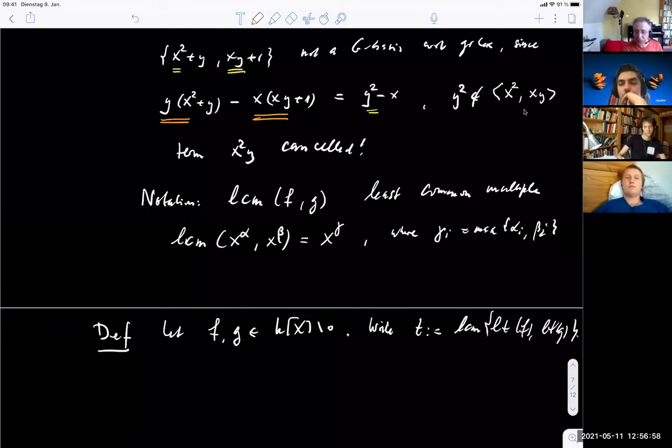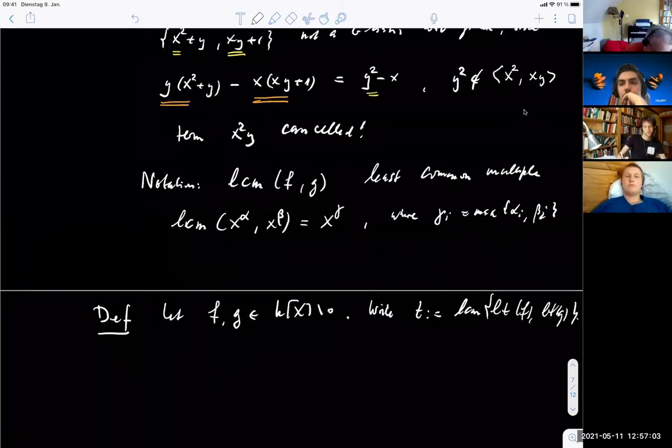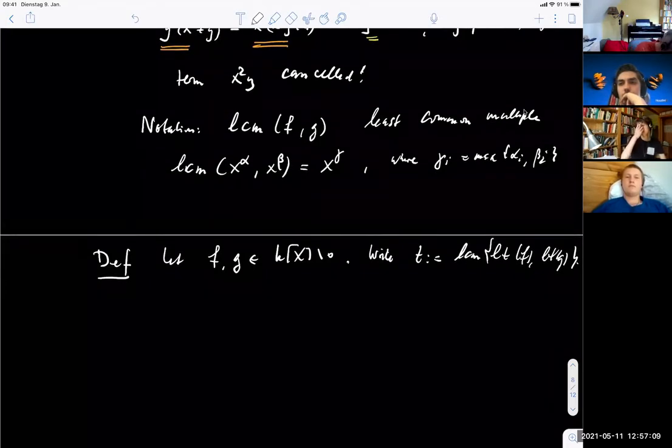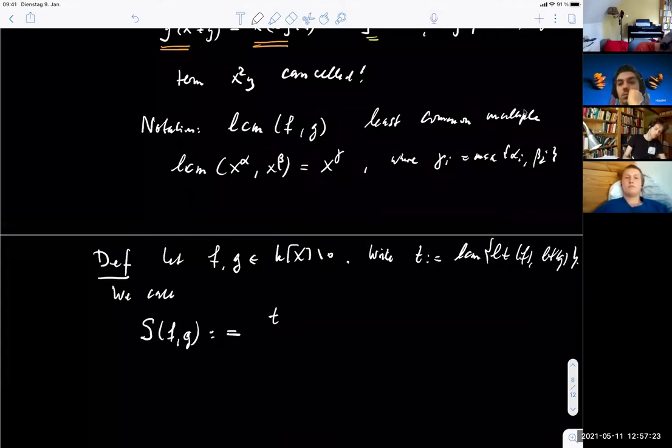Let me write down just this formula, and then I will explain why it is there. It looks a little bit ugly, but it's very easy to explain what's happening. We assign to f and g a polynomial, the S-polynomial, and it's defined this way: t divided by the leading monomial of f times f, minus t, now symmetric, divided by the leading monomial of g times g.